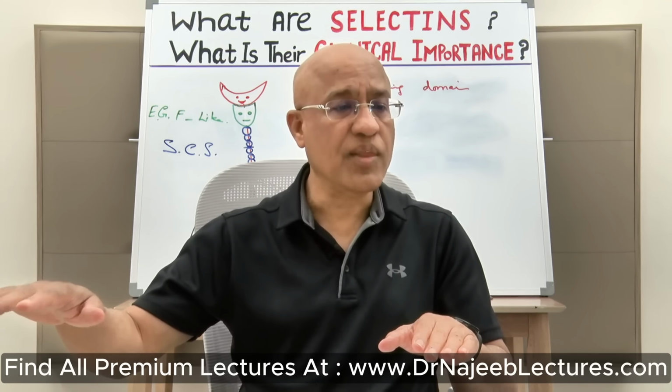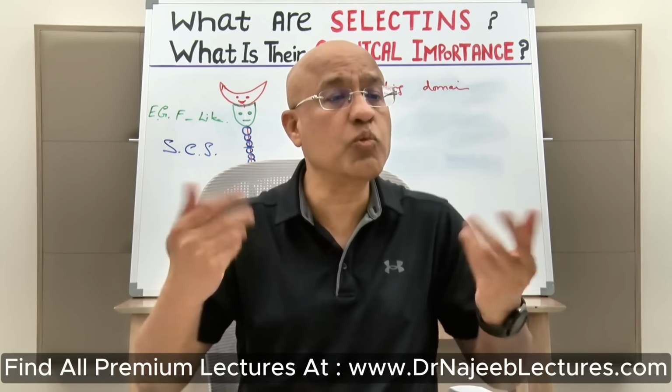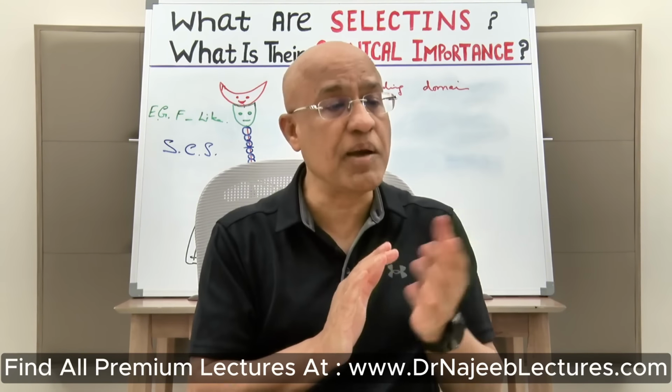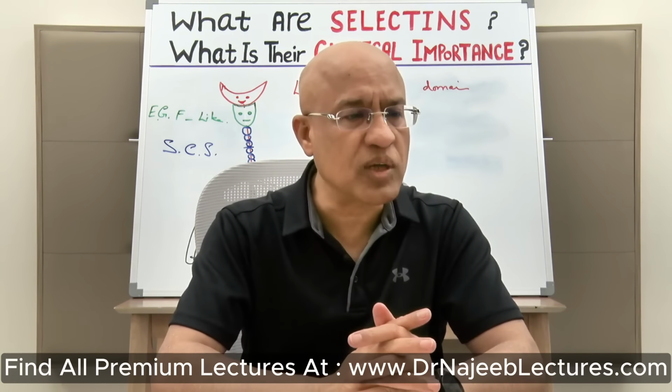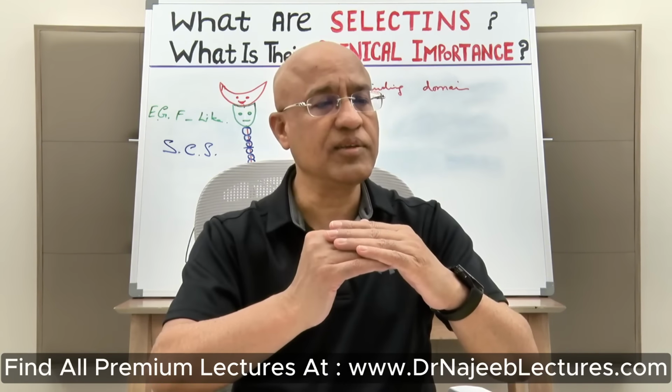the ligands for integrins. Due to this process, the endothelial cell becomes adherent. They become sticky to white blood cells, especially neutrophils and then macrophages. Why? Because when the endothelial cell expresses selectins, the selectin receptors are present on leukocytes and leukocytes start binding with the endothelial cells via the selectins, right?